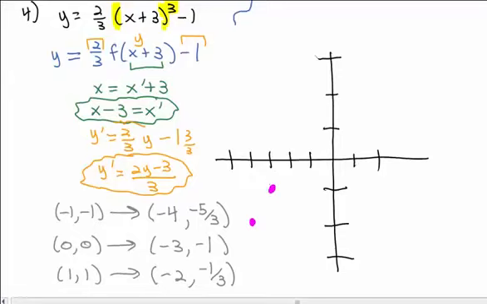And the next point's at (-2, -1/3). And then we connect it using our shape. It's going to come up, come through, level off, and then come back up. Maybe not quite that shallow, or that steep, but it'll work. We have the graph now of 2/3 times (x plus 3) cubed minus 1.